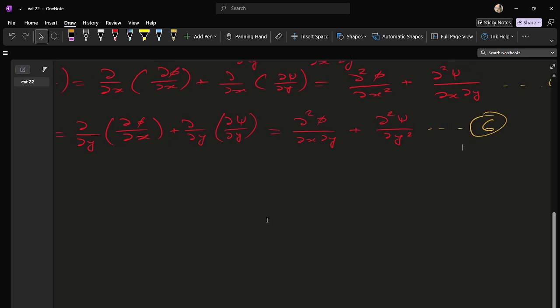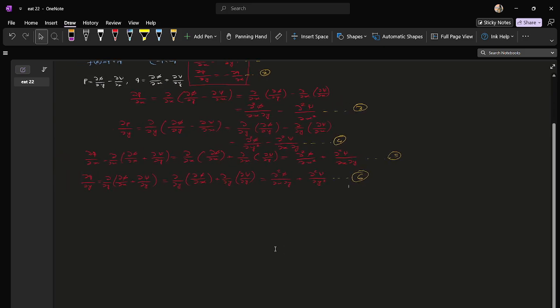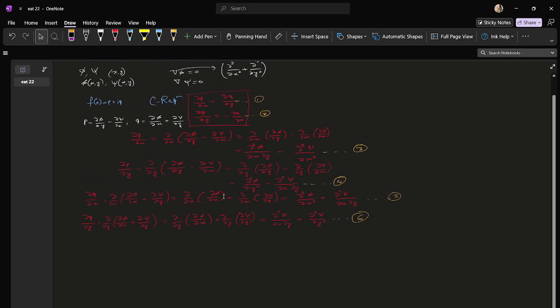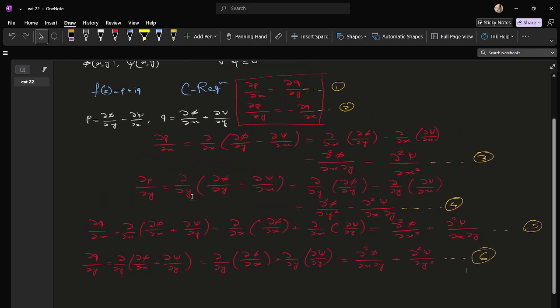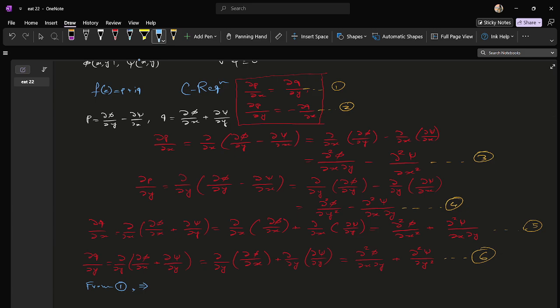Now we have to see this from our equations 1 and 2. From equation 1, we will get del p by del x, that means equation 3, equals equation 6.